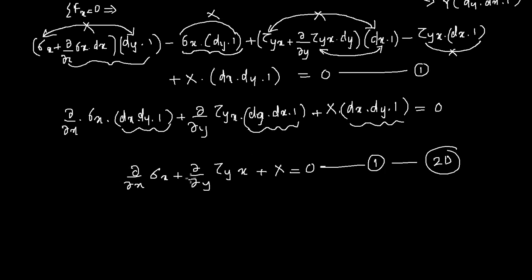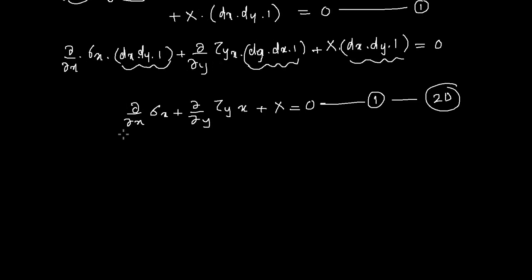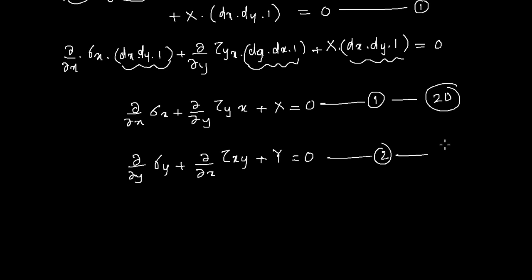And if you follow the same analogy, you can write the force equilibrium in the y direction as well. Just change the x's to y's, and you will get ∂ by ∂y of sigma y plus ∂ by ∂x of tau xy plus y is equal to 0. And that is your force equilibrium in the y direction for the 2D case.